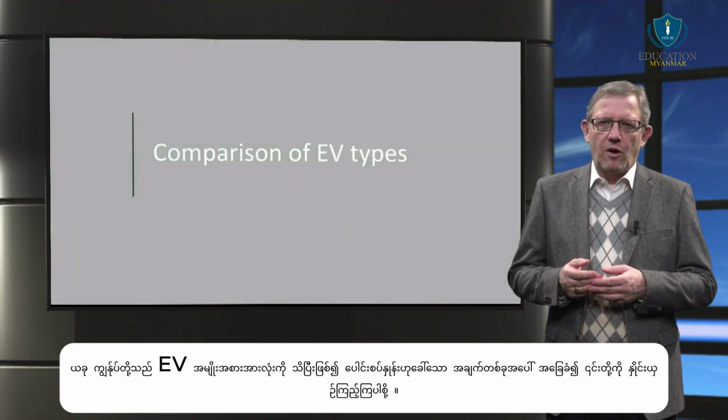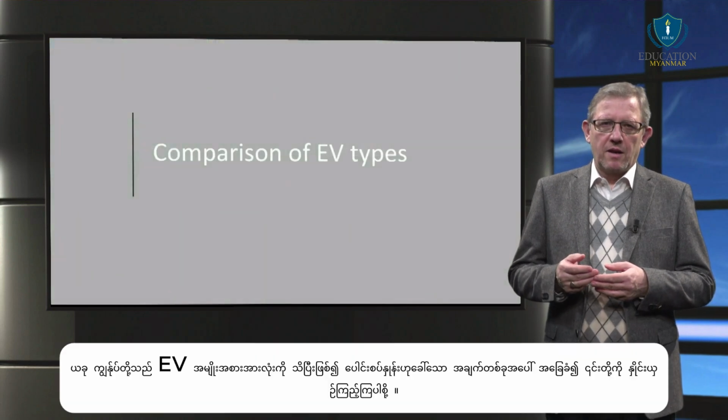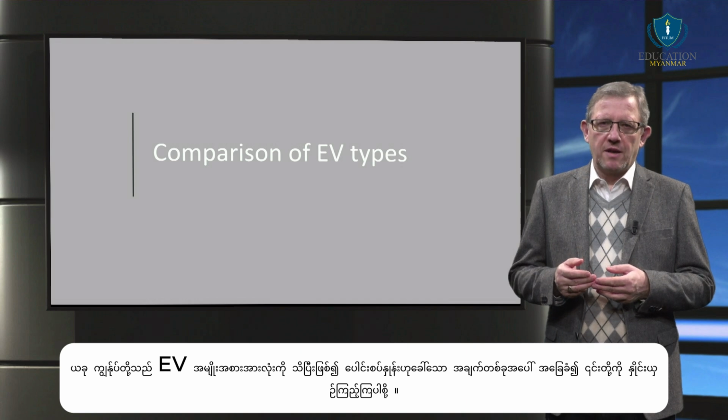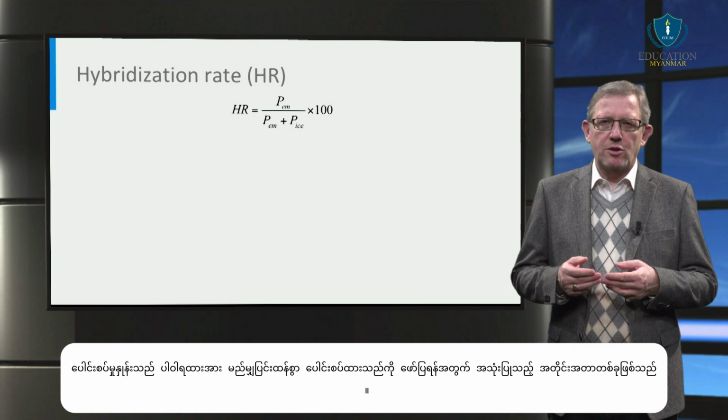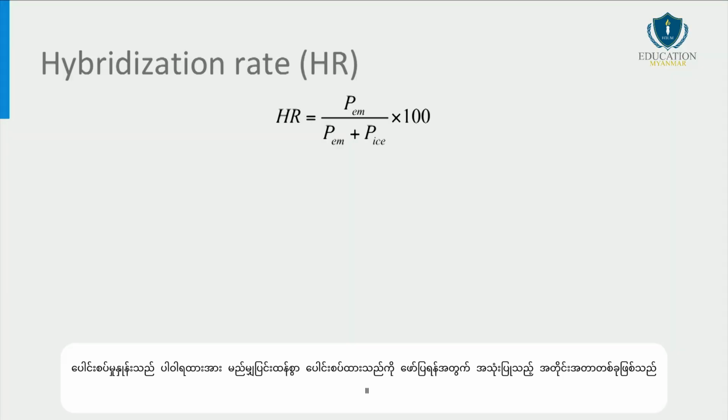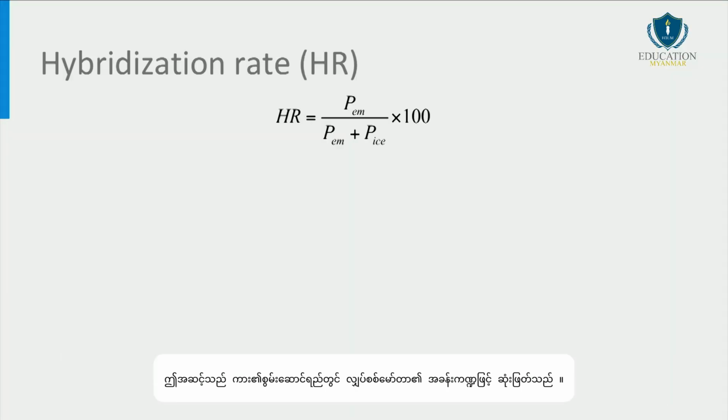Now that we know all the electric vehicle types, let us compare them based on a factor called hybridization rate. The hybridization rate is a measure used to describe how strongly the powertrain is hybridized. This level is determined by the role that the electric motor has in the performance of the car.